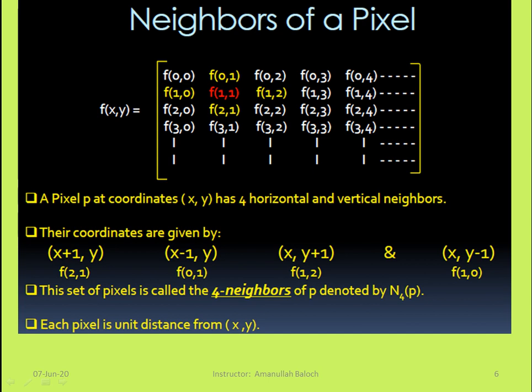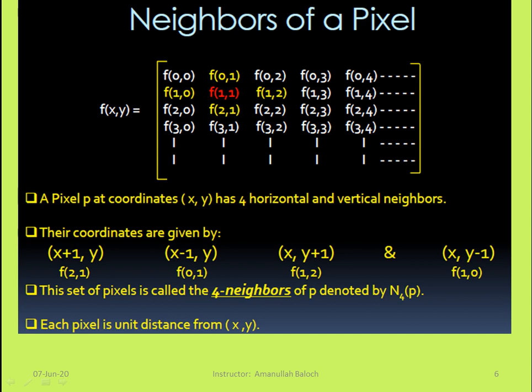These x coordinate variables denote the coordinate locations, and these are the constant coordinate values. And this is the f of 1, 2 neighbor, and this is f of 1, 0. These 4 neighbors lie at the horizontal and vertical positions of this central pixel.